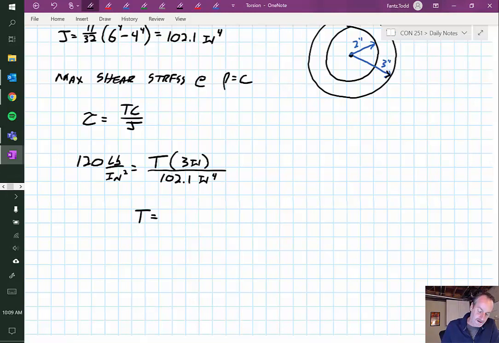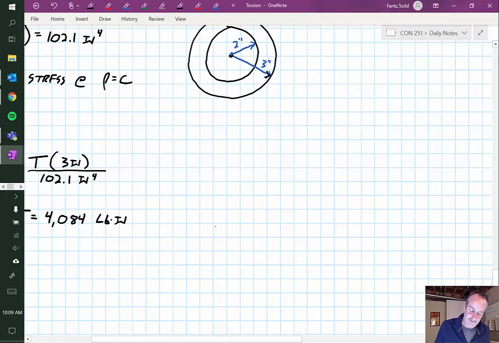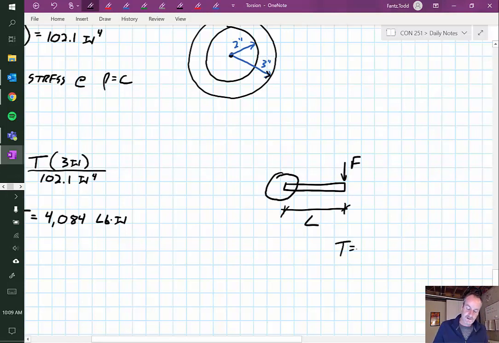And I ended up with a torque of 4,084. And the units would be pound-inches, which should make sense, right? If you've ever dealt with torque before, it's like a lever arm type thing. So it's almost like if I were looking at the torque on this object here, if I had a longer lever arm, call this L, and I had a force down here, my total torque would be force times that lever arm L. So of course, if I have a greater force, I have a greater torque.